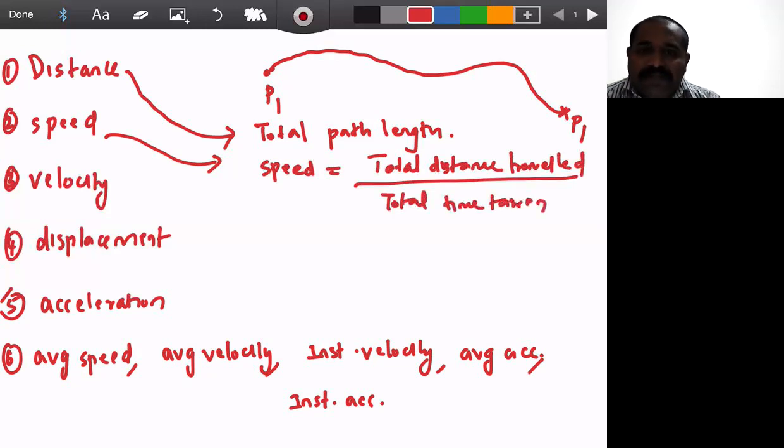So that is speed. Is it clear? These two quantities, distance and speed, are scalar. What is scalar? Scalar means we only consider its magnitude or value. We do not even consider the direction. So this category is known as scalar quantity.